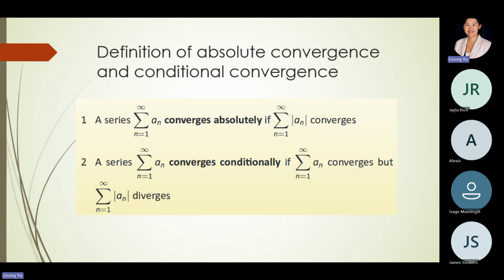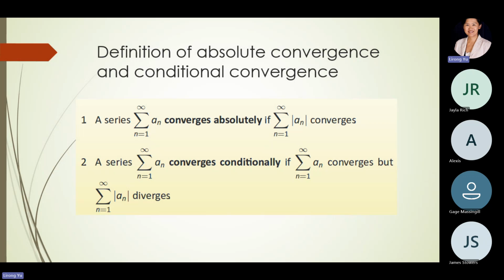Below it, we have converges conditionally. What converges conditionally means is that the series itself converges, but its absolute value does not. The absolute value of the series actually diverges. One diverges, one converges, that's what we call converges conditionally. If they're both convergent, of course, they'll converge absolutely.